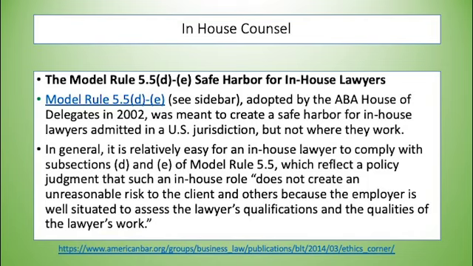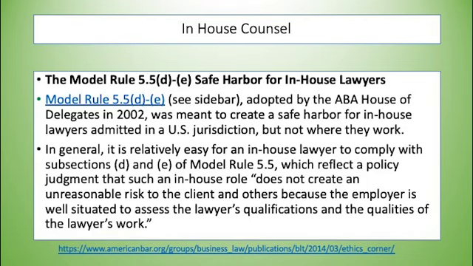And we see in the model rules 5.5(d) through (e), the safe harbor for in-house lawyers by the ABA. It said that in 2002, it meant to create a safe harbor for in-house lawyers.